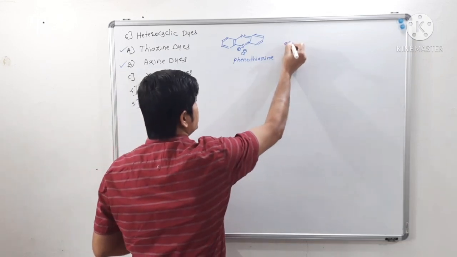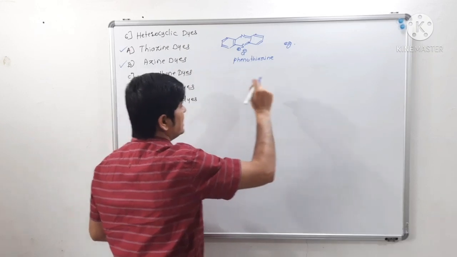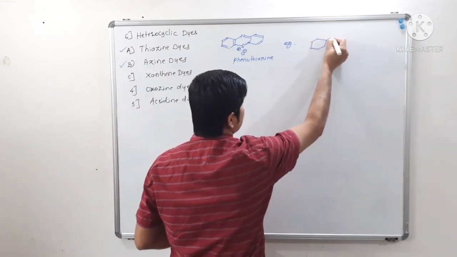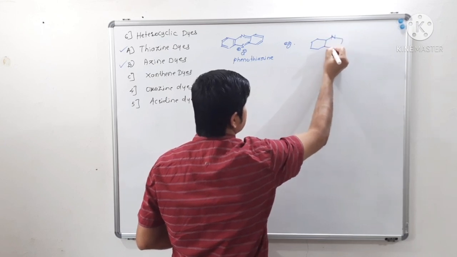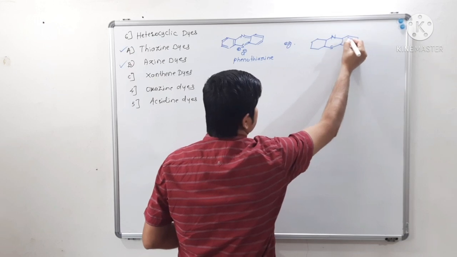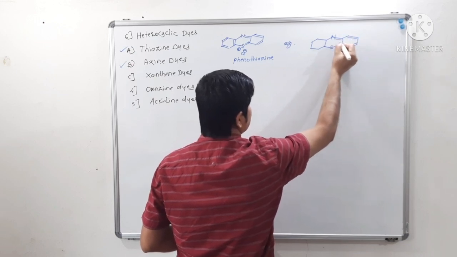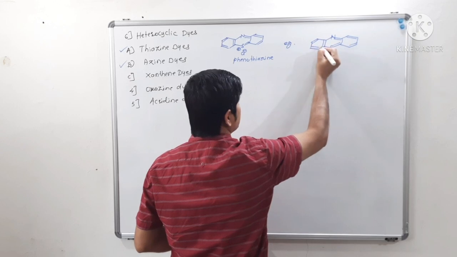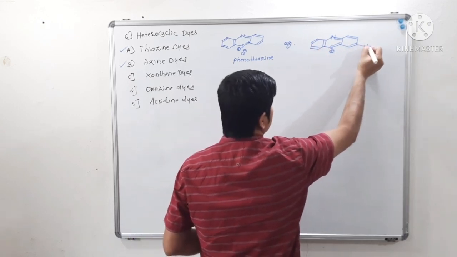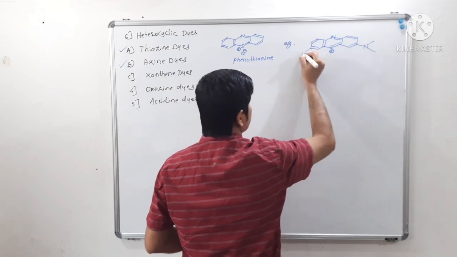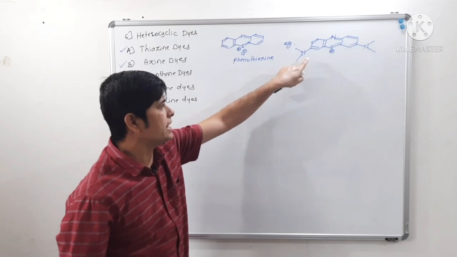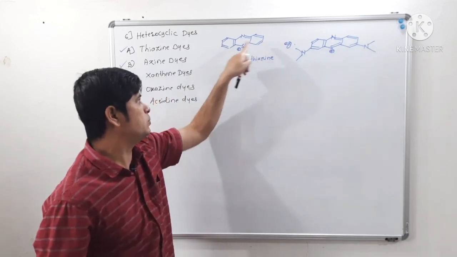Now an example of thiazine dyes. See, there is an NMe2 substituent present at this position.